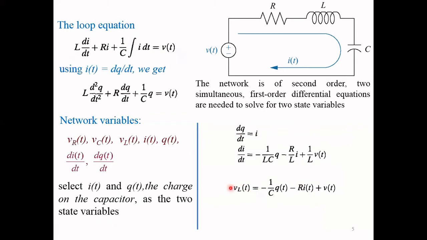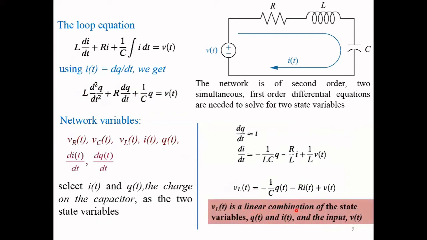For the output equation, we have taken output across the inductor, so the output equation can also be obtained from here. This is a voltage across the capacitor, inductor, sorry. So moving these two terms here, we get the voltage across the inductor.